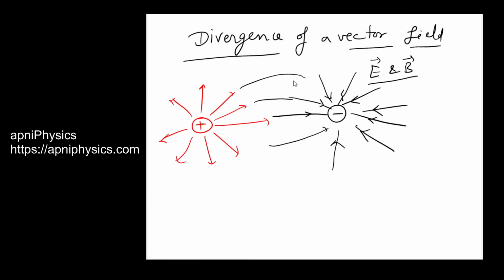These lines basically are moving towards the negative charge. So this is the source and this is the sink, you can say. And now the main point is to explain the divergence. Here I have defined that we are considering the electric field. This is the field due to this positive charge, and this field is due to the negative charge. You can call it source, or you can call it sink.